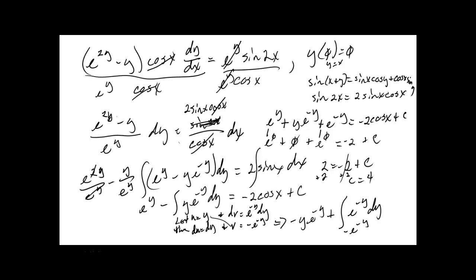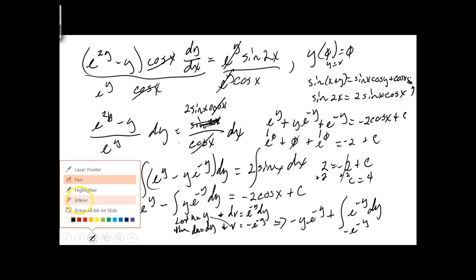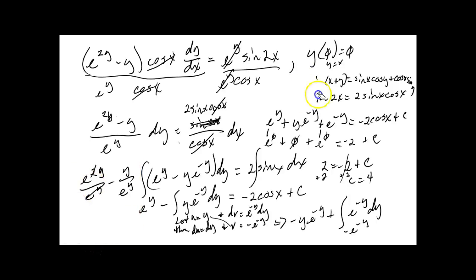So let's erase some stuff here so I can write my final answer. I'm going to erase it right up here. I think that will give me plenty of room. We got our C now is 4.